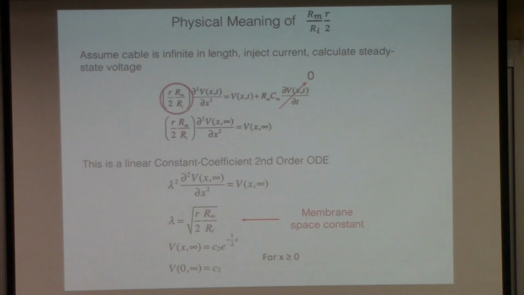and applying that current and waiting until voltage achieves its steady state value everywhere along the cable. So now imagine looking at the spatial profile by which voltage decays away from the site of current injection. So we're waiting a long time, we're injecting this constant current, things settle down, there's some spatial profile.